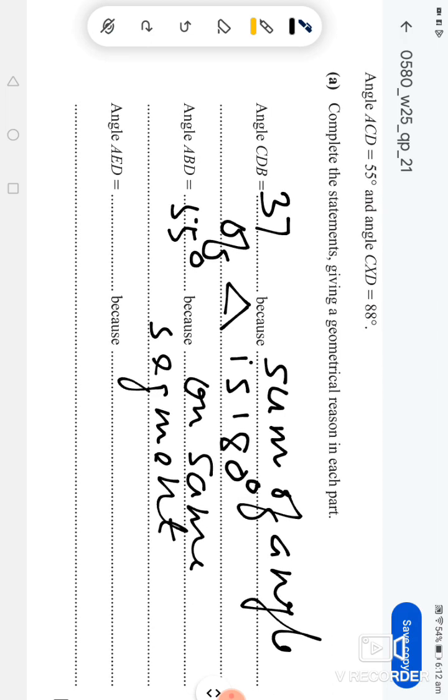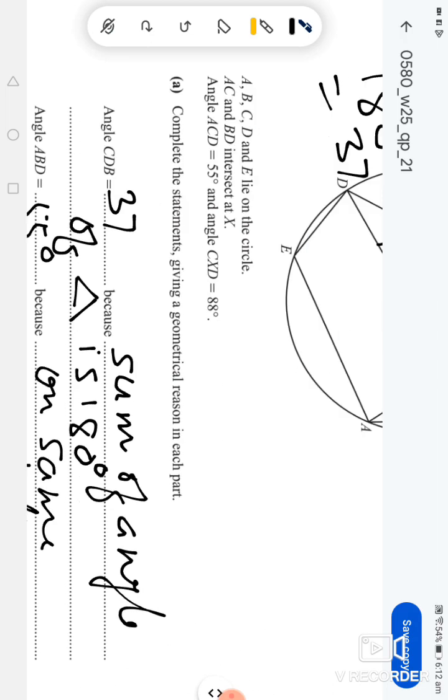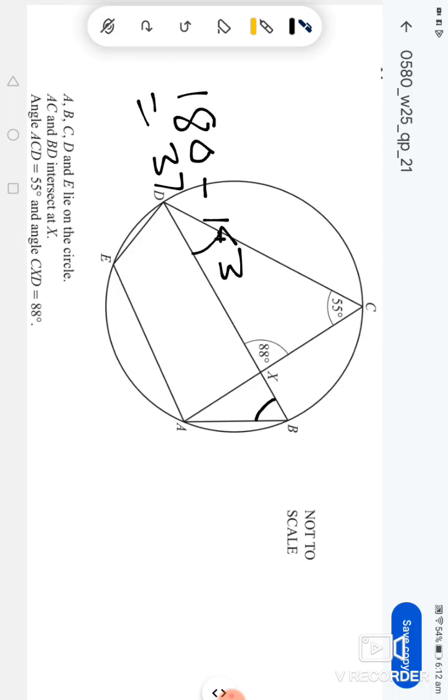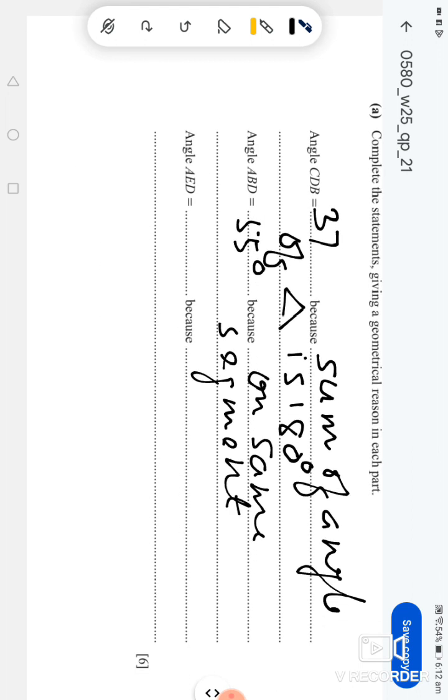Angle AED, this angle. Angle E and angle C equal to 180 degrees. So 180 minus 55 equal 125.